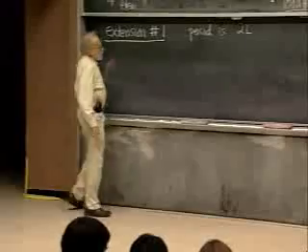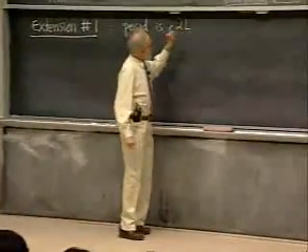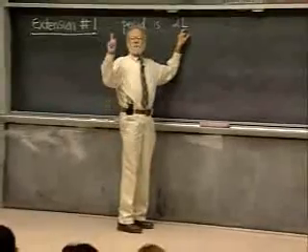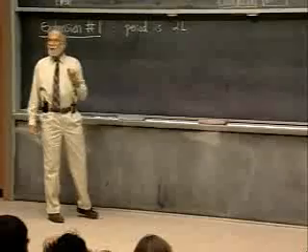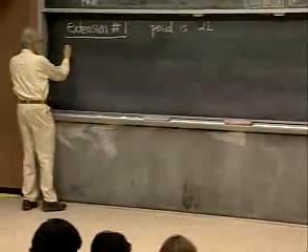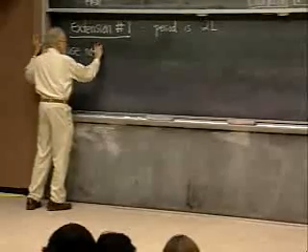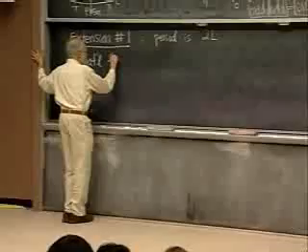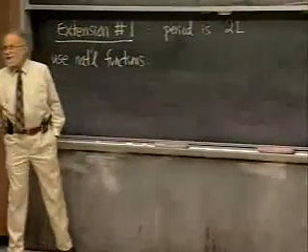First of all, the main thing to get is, if the period is not pi but L, what are the natural versions of the cosine and sine to use? Natural has no meaning, but it's psychologically important.